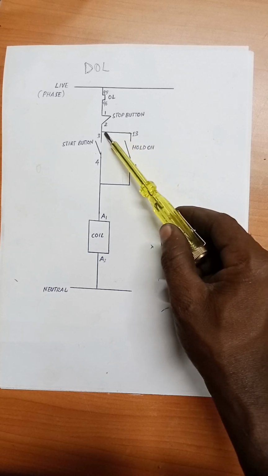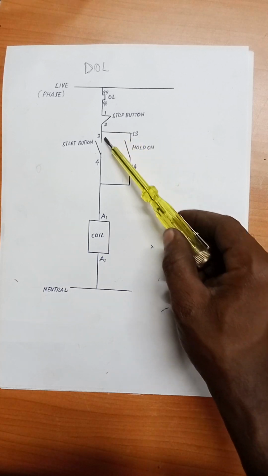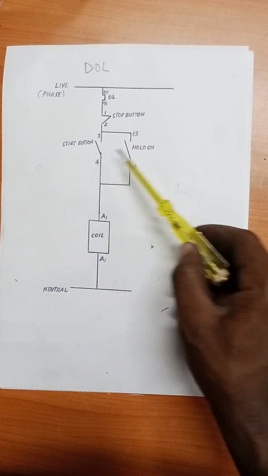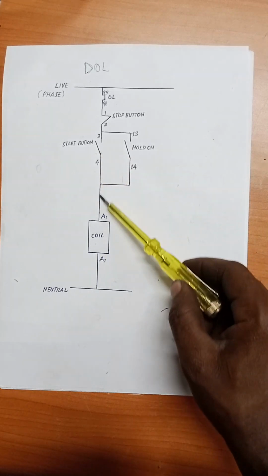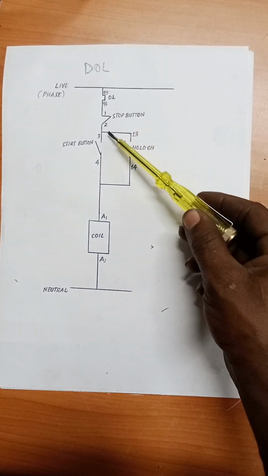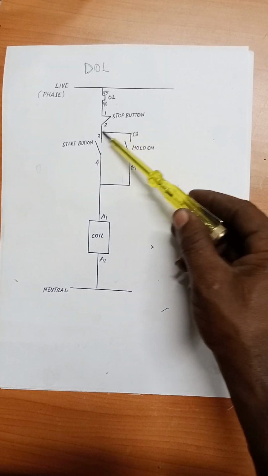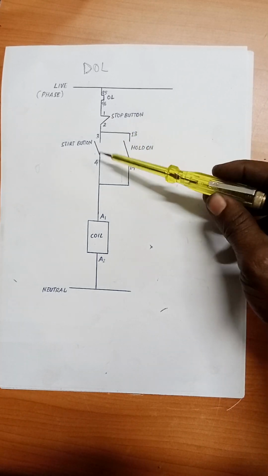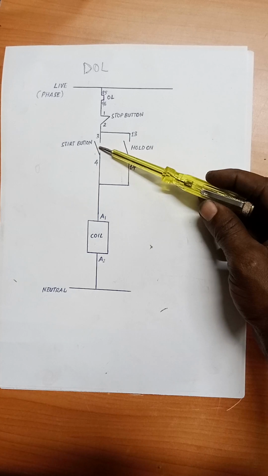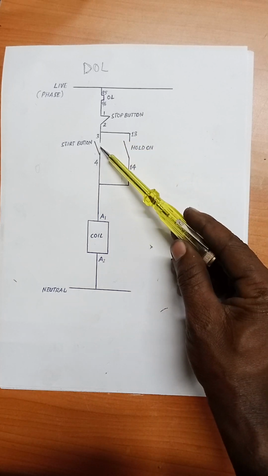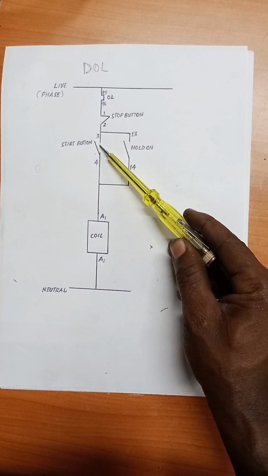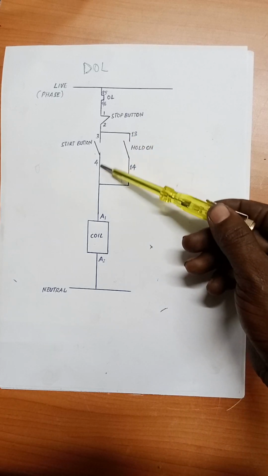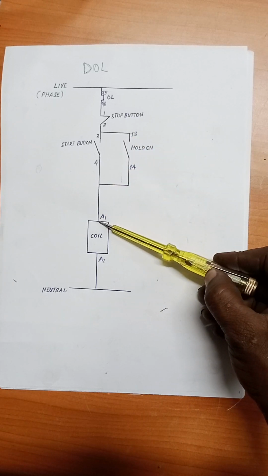Our power is up to here because this is NO, it cannot go straight. So our power ended here first when you have not switched on. When you make on this start button, this power will go to the coil.